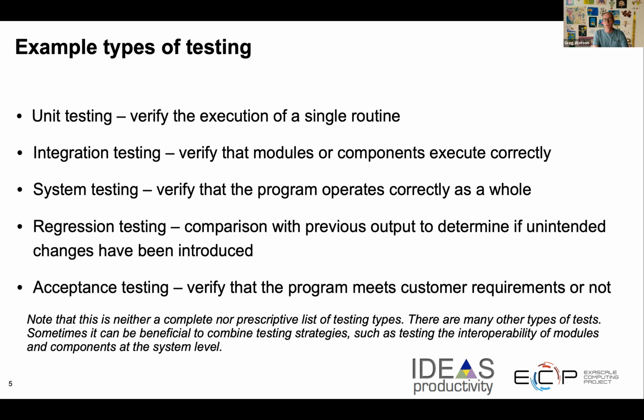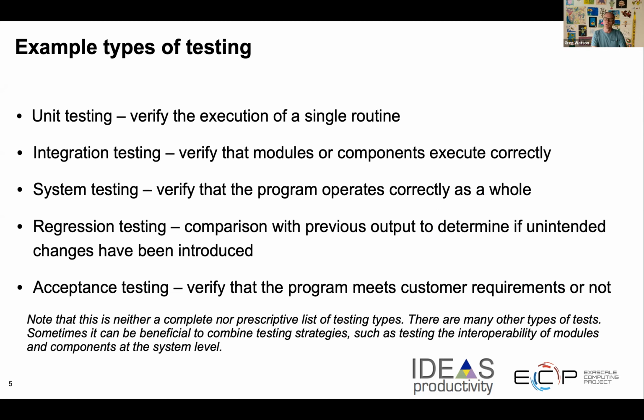So as I mentioned, some example types of testing, and you may well have come across these before, but they essentially form a hierarchy going from the finest grain to coarser grain tests. Unit testing is where you're testing the functionality of a single method or a function at that very fine grain level.